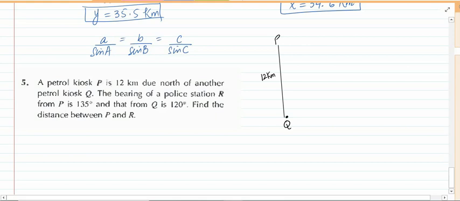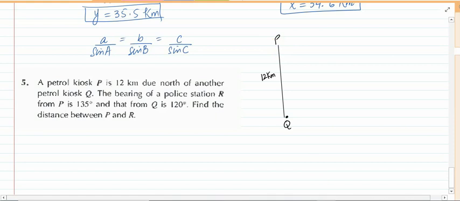The bearing of police station R from P is 135. Now starting from P, I am going to plot the point R, right, and it is 135 degrees, and that from Q is 120.